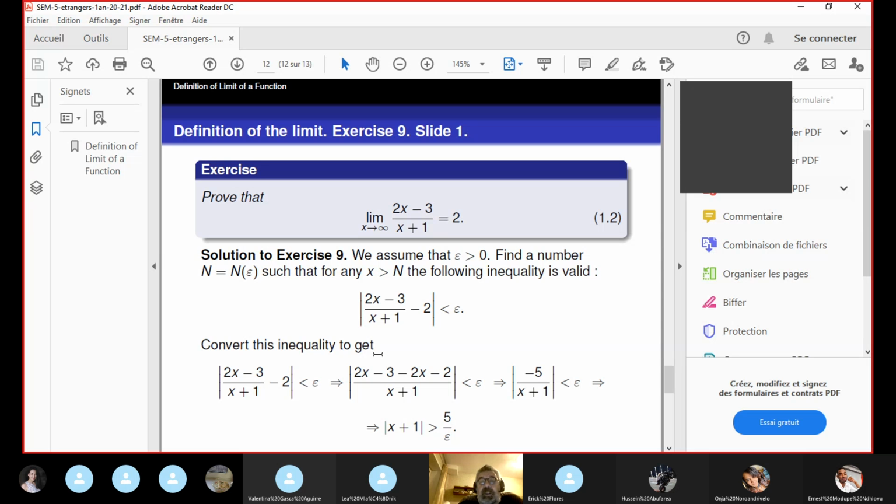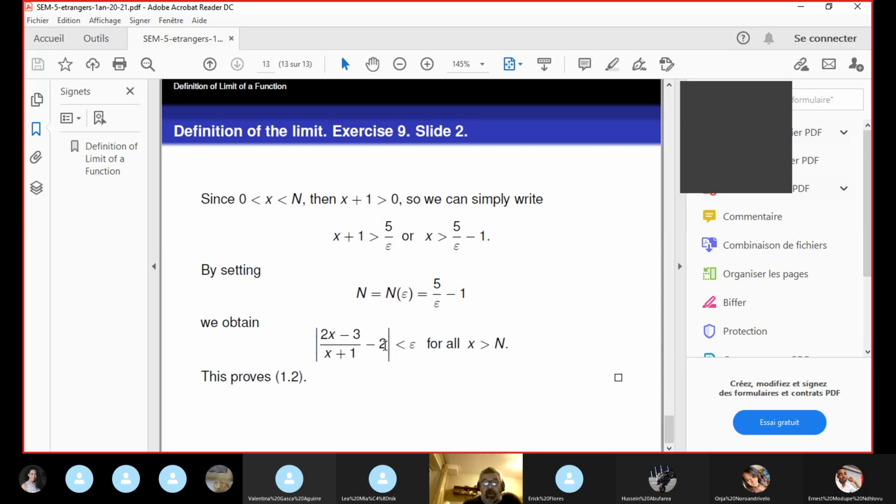As usual, we take epsilon positive, and we have to find a number capital N of epsilon such that for any x greater than N, we have the following inequality: the absolute value of 2x minus 3 over x plus 1 minus 2 is less than epsilon. So we rearrange the terms, and this leads to the inequality: the absolute value of x plus 1 is greater than 5 over epsilon.